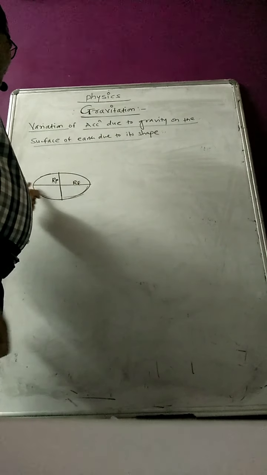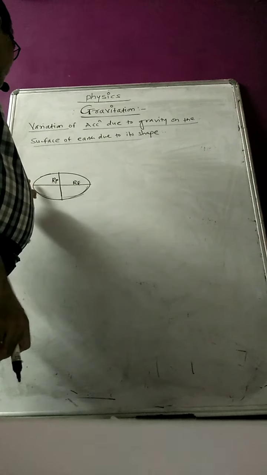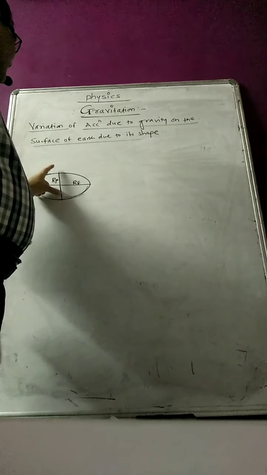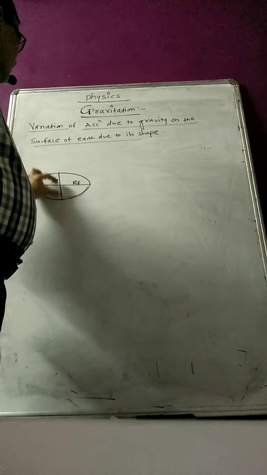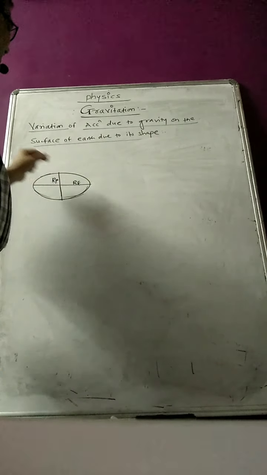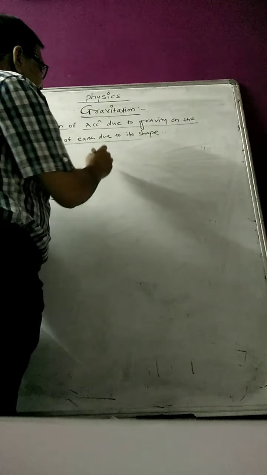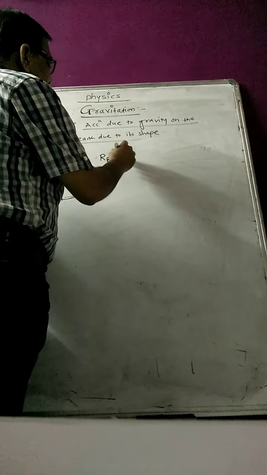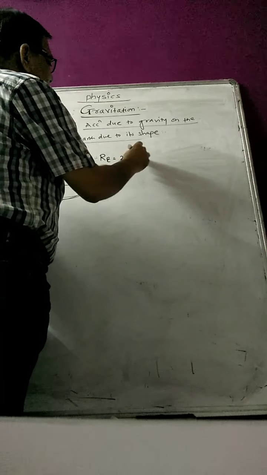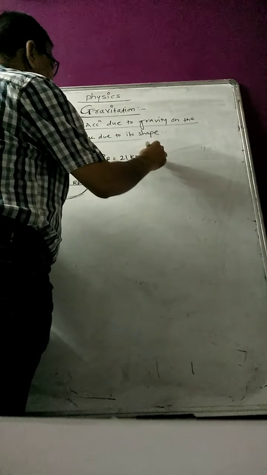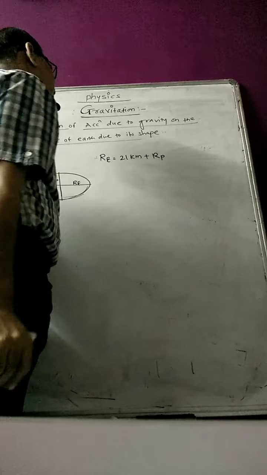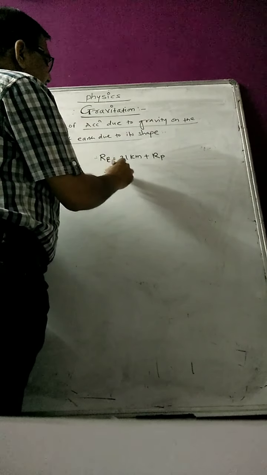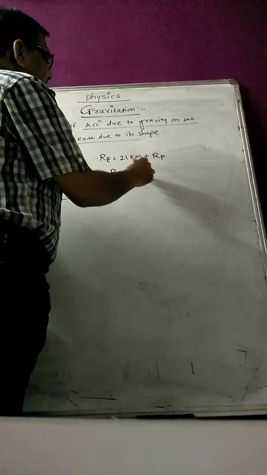This is the equatorial plane, meaning the earth bulges at the equatorial plane, and near the pole the radius becomes smaller. So the equatorial radius is 21 kilometers more as compared to the polar radius. Okay, so that is the relation, RE is greater than RP.